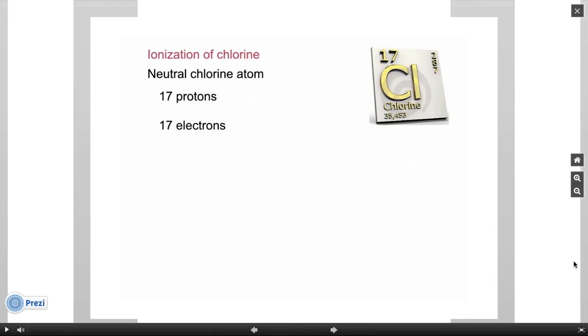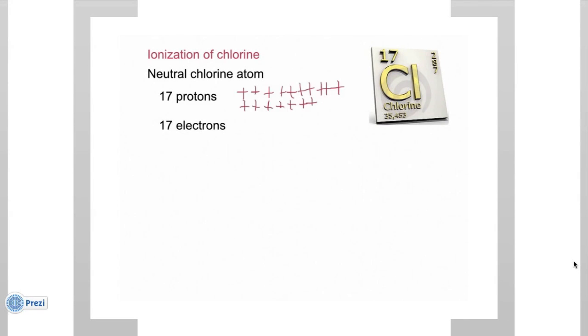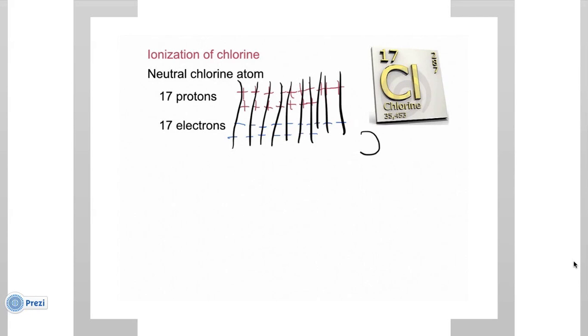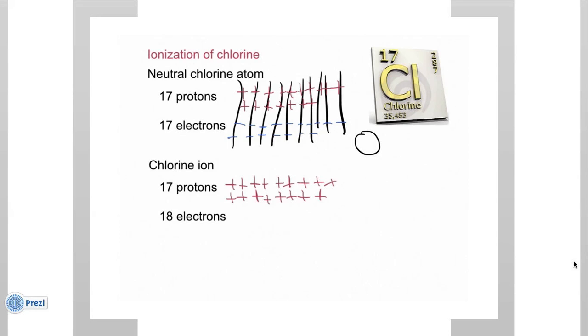Now, the neutral chlorine atom has 17 protons and 17 electrons. And as usual, the positive charges and the negative charges cancel each other out, so there is no net charge, a net charge of 0. Now, the chlorine ion still has 17 protons, but it has 18 electrons.